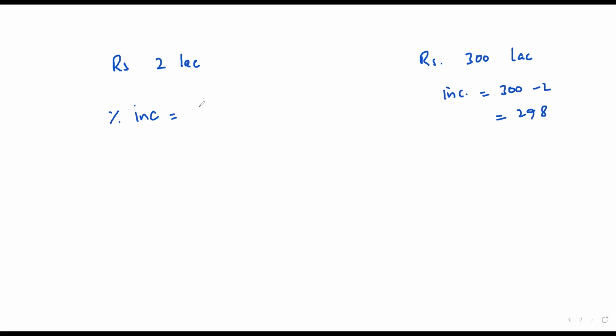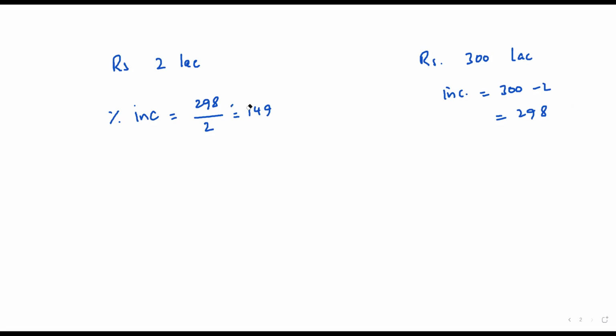So when you define the increase percent here, people are really reluctant to write this as 298 over 2. This is such a big number, you see. So this has to be written this way. I think this is 149. Is that so? Yeah, this is 1, and then there has to be times 100%.